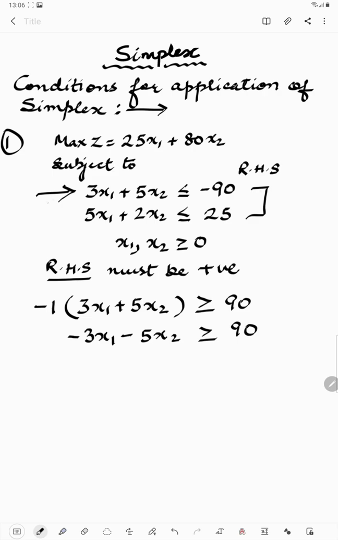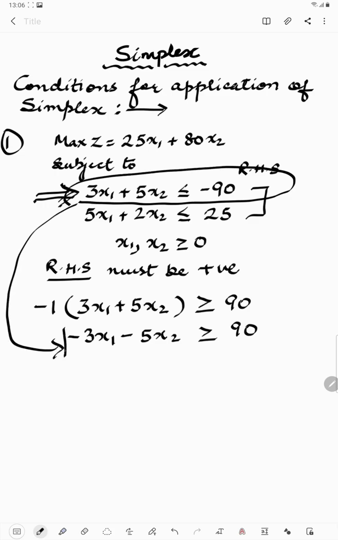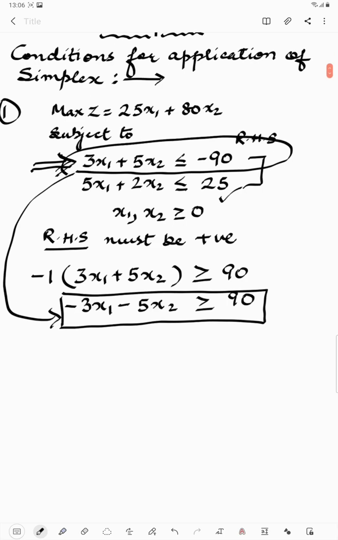The earlier equation will be replaced by this one. This is the new equation in which the right hand side, or the resource value, is positive. In the second equation, the resource value is already positive, so that need not be changed. So this is how we correct the first condition for application of simplex.